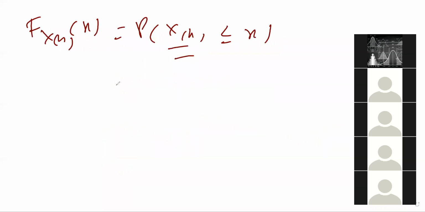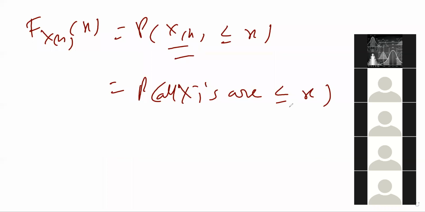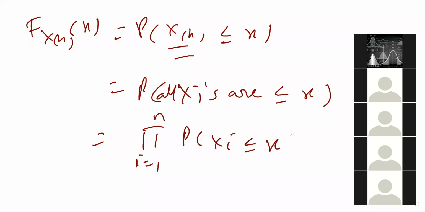If the maximum is less than x, it means that all xi's are less than x. Does anybody have doubt in this step? So the product over i equal to 1 to n of probability xi less than or equal to x. Anybody have doubt until here?